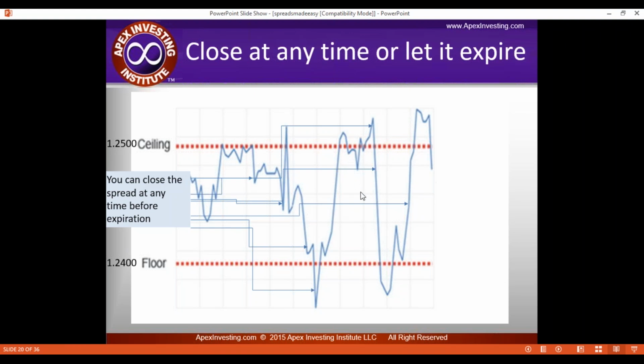Or you can use different ones. Enrico asks, can I buy a spread at the floor, or is there a minimum price to get in? Normally you'll have a little bit of premium you'll pay in there. Like in this example, 2,400 to 2,500. Let's say the market was literally at 2,400.